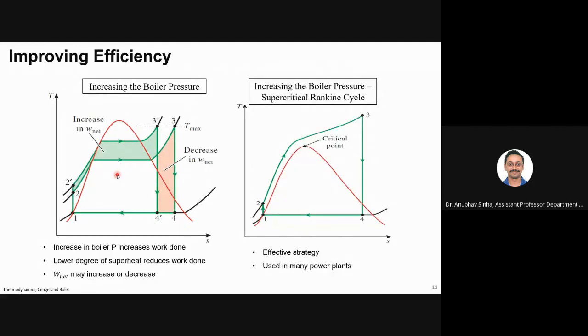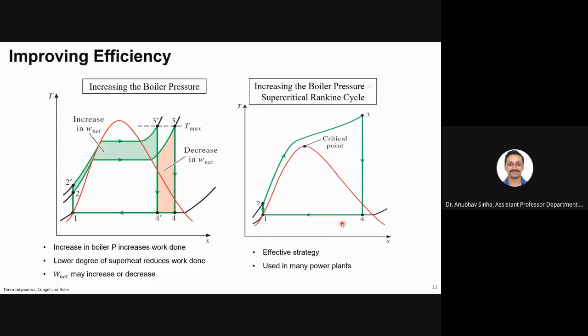Okay, so one more thing is that we'll not go into more detail, but there are also many power plants which work on supercritical Rankine cycle. What we do is we increase the pressure such that it goes beyond the critical point, and then we bring it back.